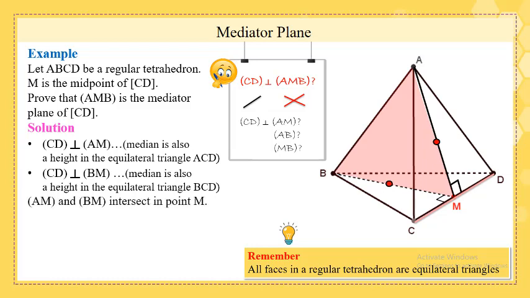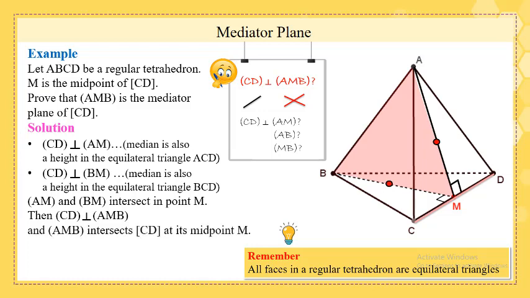AM and BM intersect in point M, then CD is perpendicular to plane ABM. Plane ABM intersects the segment CD at its midpoint M. Then, we can say that plane ABM is the mediator plane of segment CD, since it is the plane perpendicular to the segment at its midpoint.